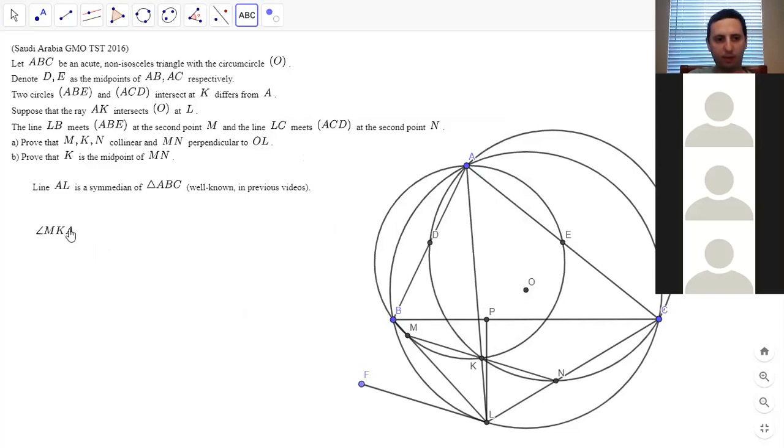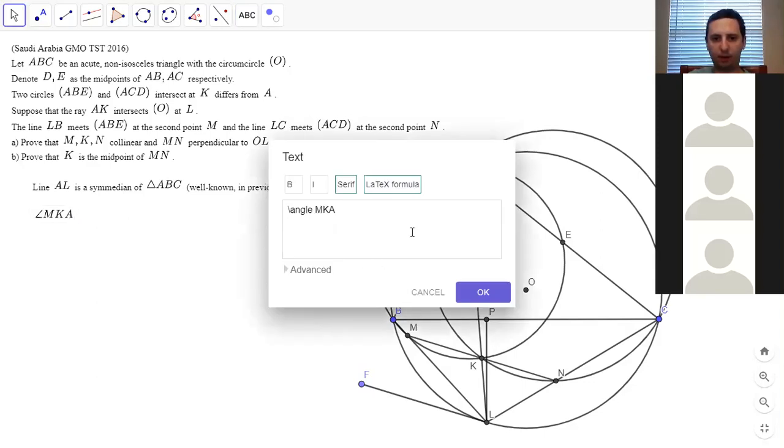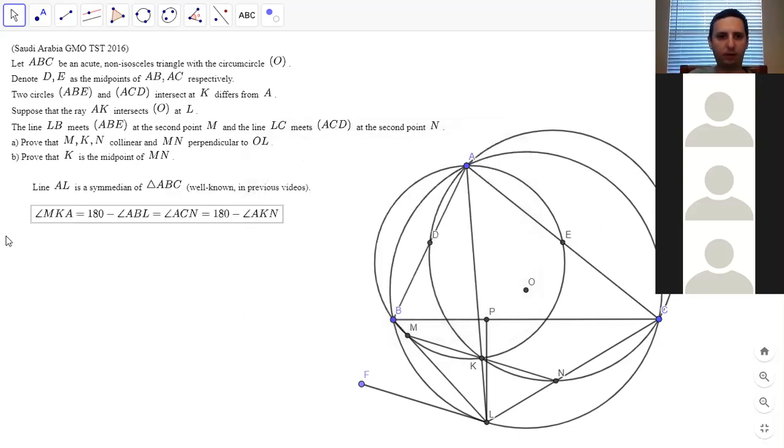So angle MKA is 180 minus ABL, which is equal to angle ACN, which is equal to angle AKM. So actually we just went in a circle, but ACN is 180 minus AKN. So that means M, K, and N are collinear.